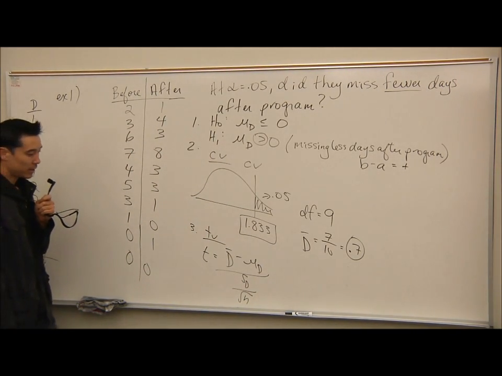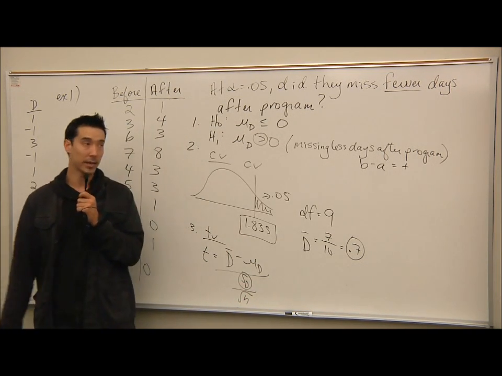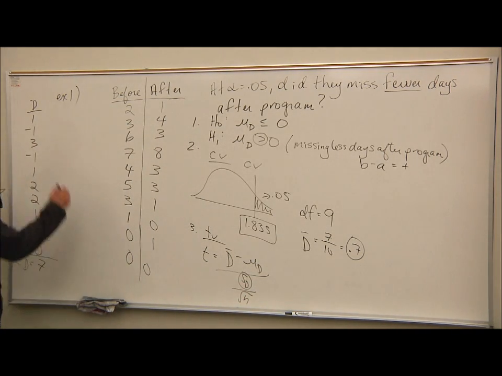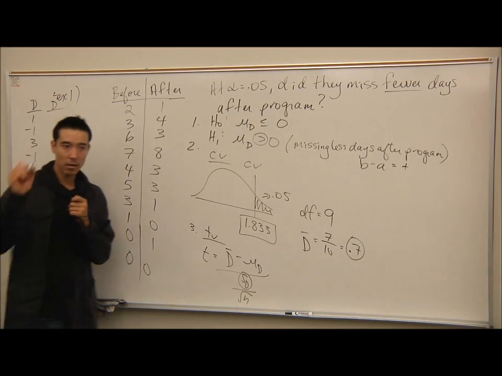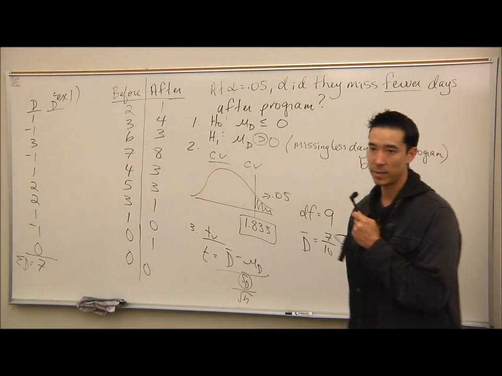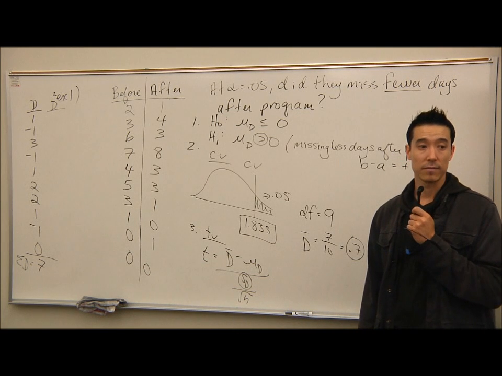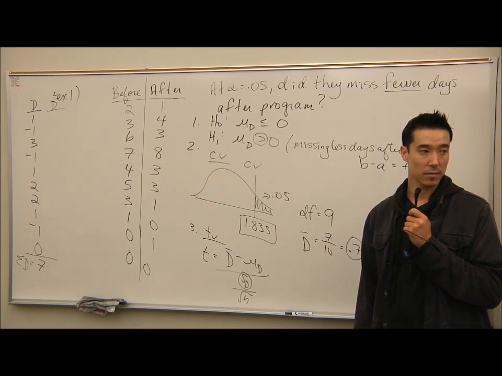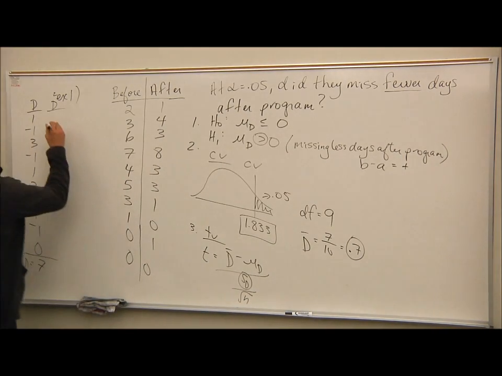Okay, the other thing I need is S sub d, the standard deviation of the d's. Okay, so I have to do another column. Let's do a d squared column. Okay, so take all of your d's, square them, and make a new column, and that'll be your d squared column. All of those, when you square them, should be positive. Okay, so make sure everything becomes positive when you square these numbers. So it's not too bad. 1 squared is 1.